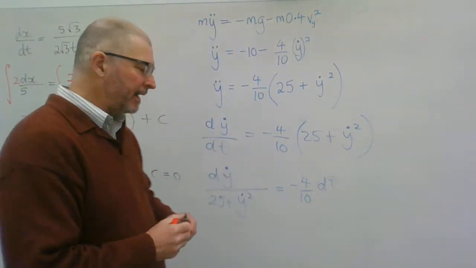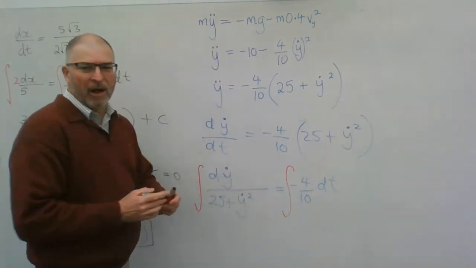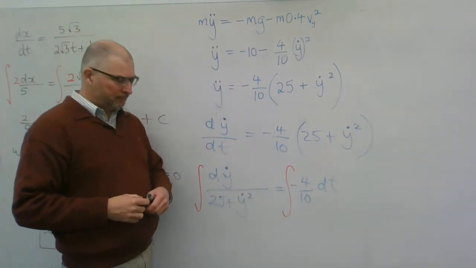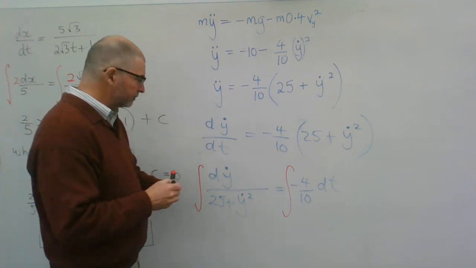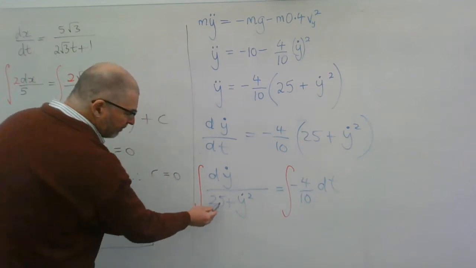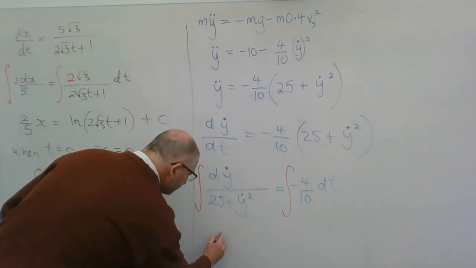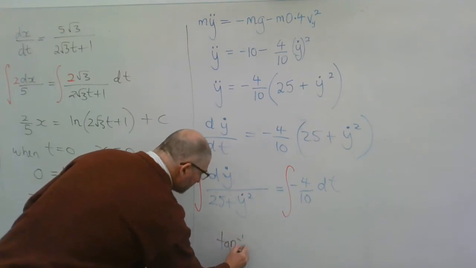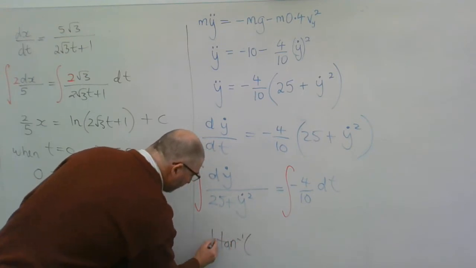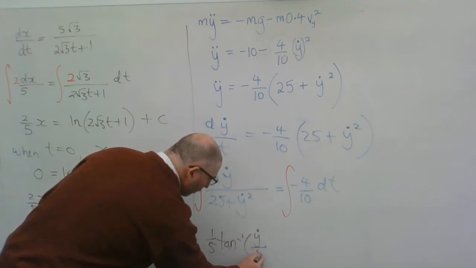Okay, and we're going to take the integral of both sides here. So the integral of this side, that's 5 squared plus y dot squared. So that's an inverse tan. It's a fifth inverse tan of y dot on 5.